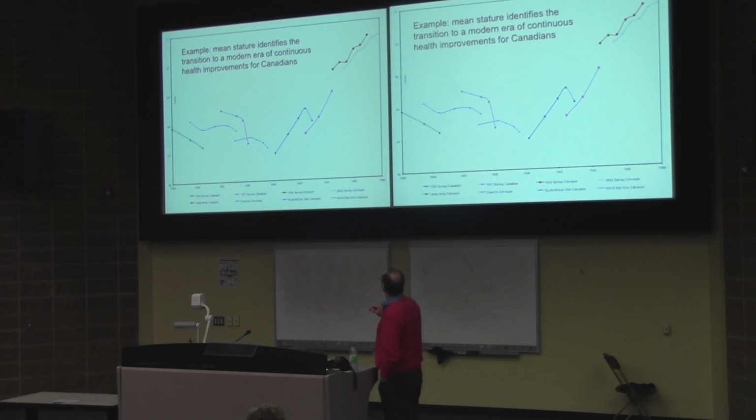The next line is Canadian born in the Kingston Penitentiary. Everything's by birth cohort here. The pinkish line, I think, is the South African War, the Second Anglo-Boer War, so Canadians who enlisted in that war. They're a lot taller, you can see.